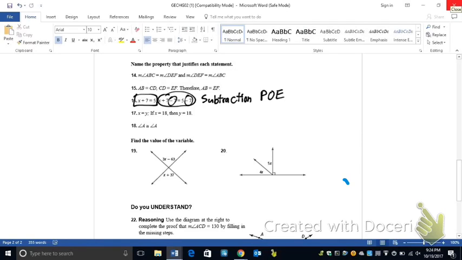Moving on, we're starting off with x equals y. And then we're saying if x equals 18, then y equals 18. So, again, we're talking equality here. And this is just straight up substitution.